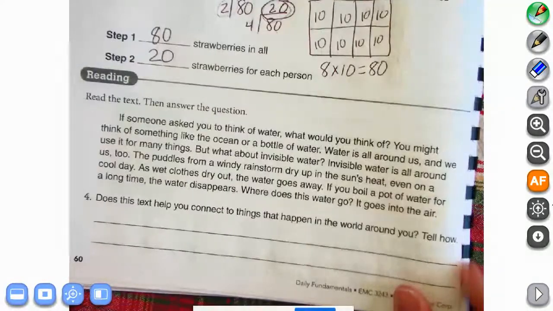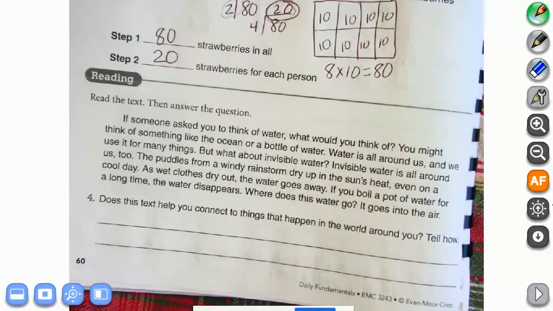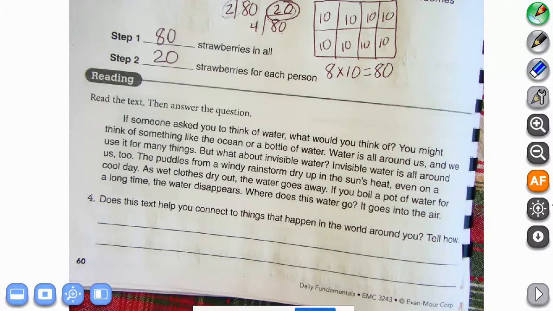On the bottom, it says, does this text help you connect to things that happen in the world around you? Tell how. If someone asked you to think of water, what would you think of? You might think of something like the ocean or a bottle of water. Water is all around us, and we use it for many things. But what about invisible water? Invisible water is all around us too.